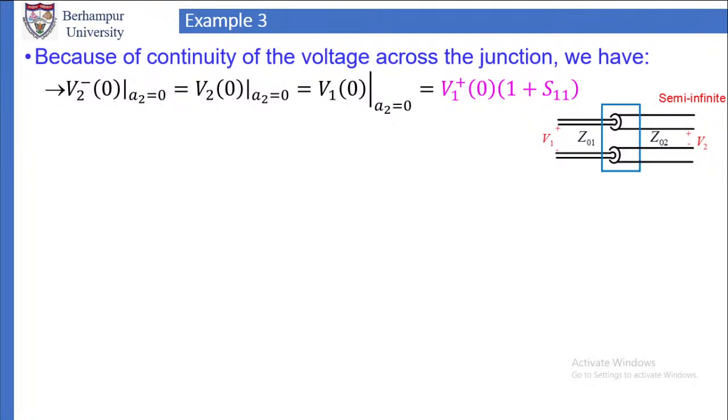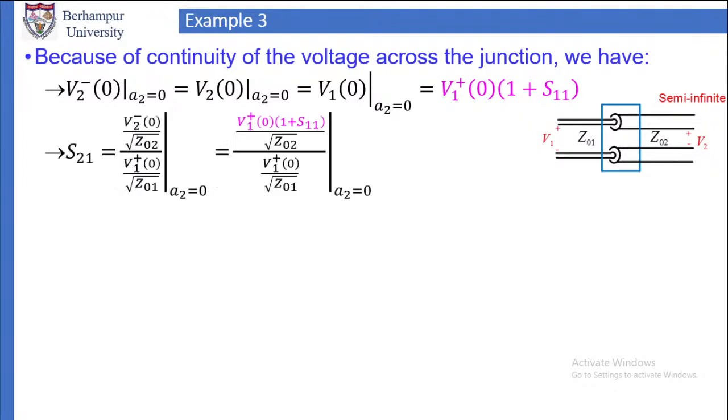Between 2 points you cannot have more than one voltage; there can be only one voltage. So at the junction V2 minus is equal to V20 is equal to V1 and 0. Now what is V10? V10 is equal to V1 plus into 1 plus S11, that we know. Then S21 is equal to V2 minus by root over Z02 divided by V1 plus by root over Z01.